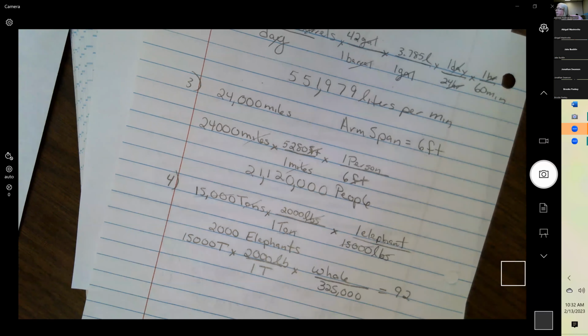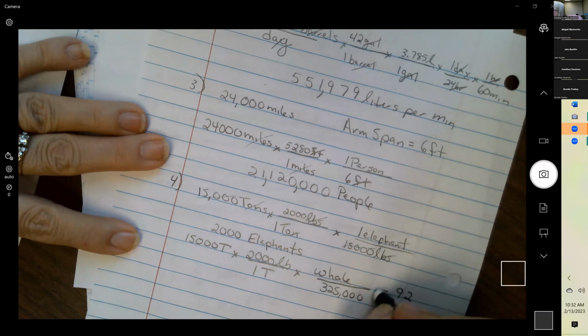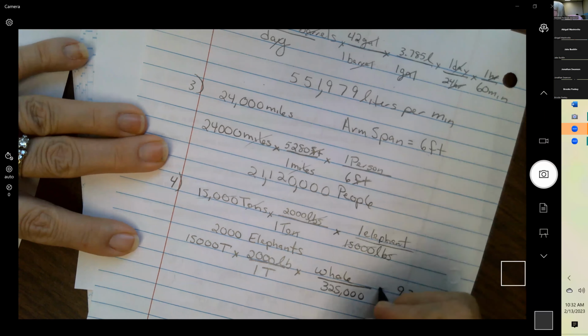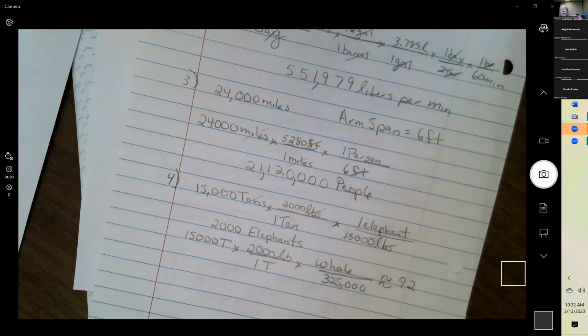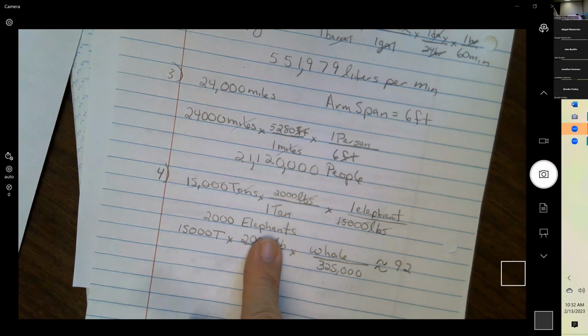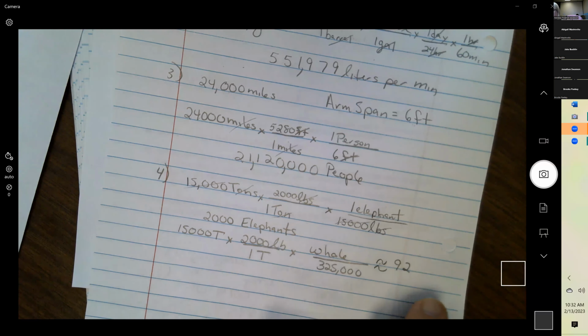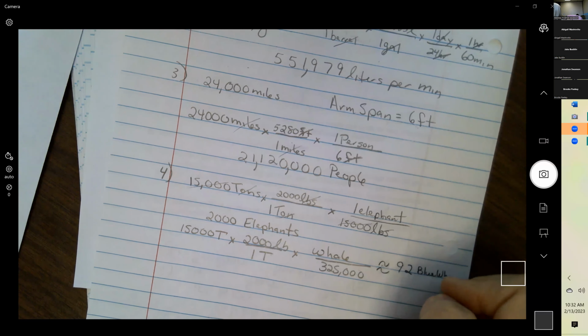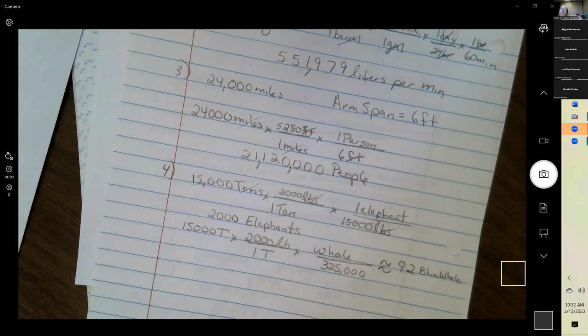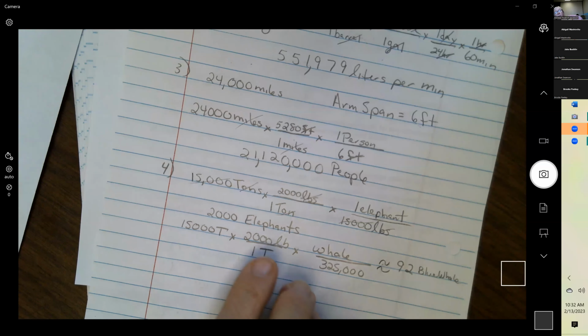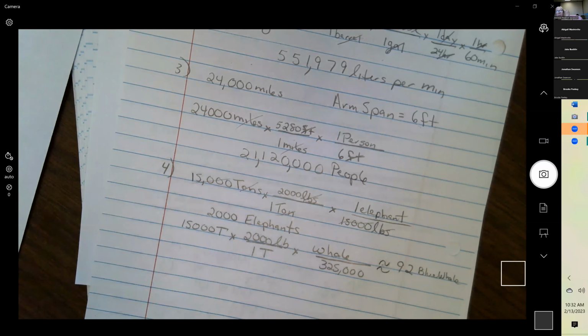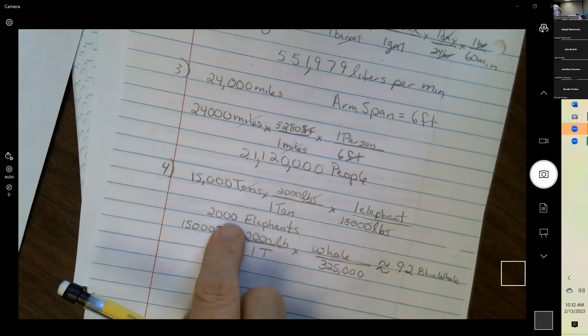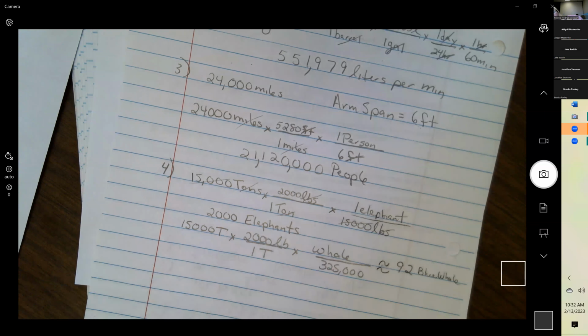Also remember when you're rounding. So you could do 2,000 elephants or 92 blue whale. I forgot we were converting first. I would accept either one, even though this isn't in your smaller version, under 100. I would still accept that. So either one. Any questions on that?